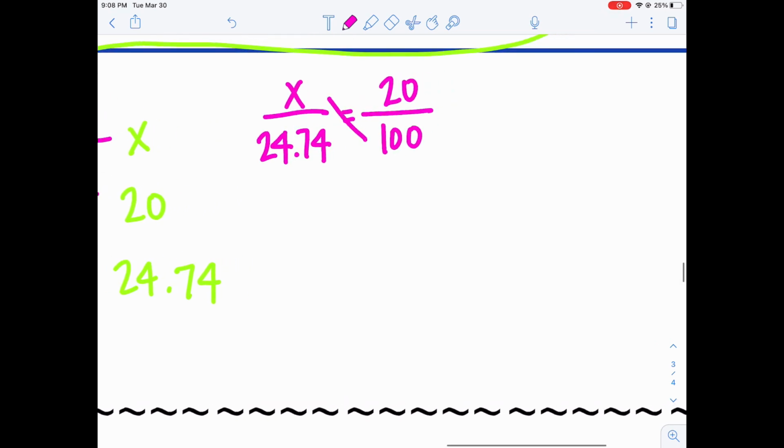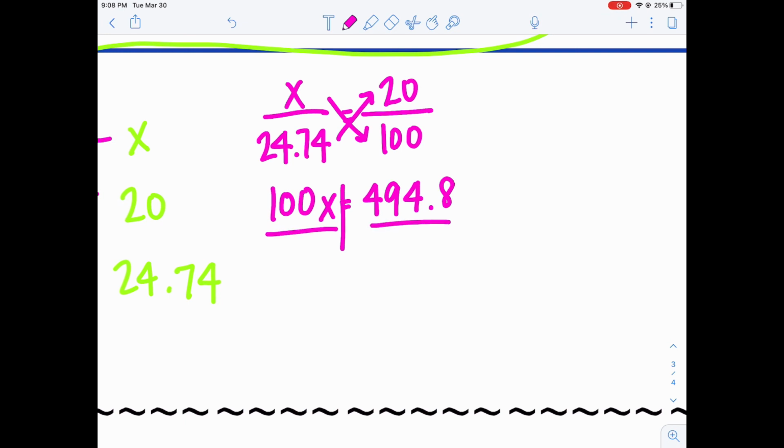Using cross multiplication to solve, X times 100 is 100X, and $24.74 times 20 gives me $494 and 8/10. Dividing both sides by 100, when I do that, I get X equals 4.948.